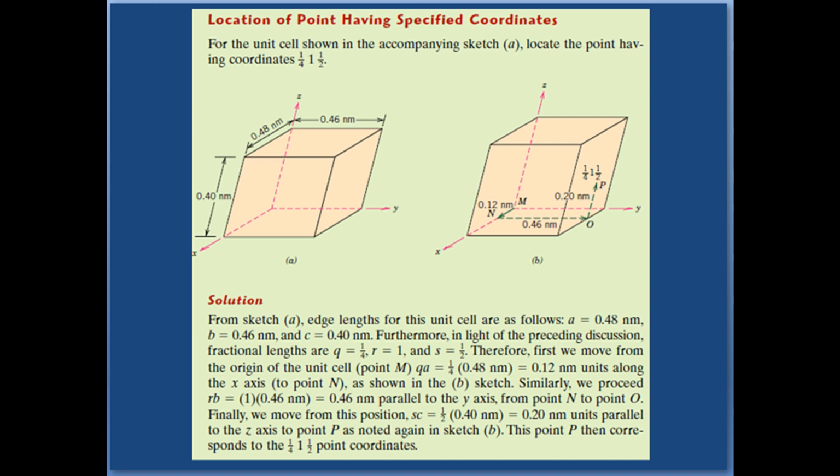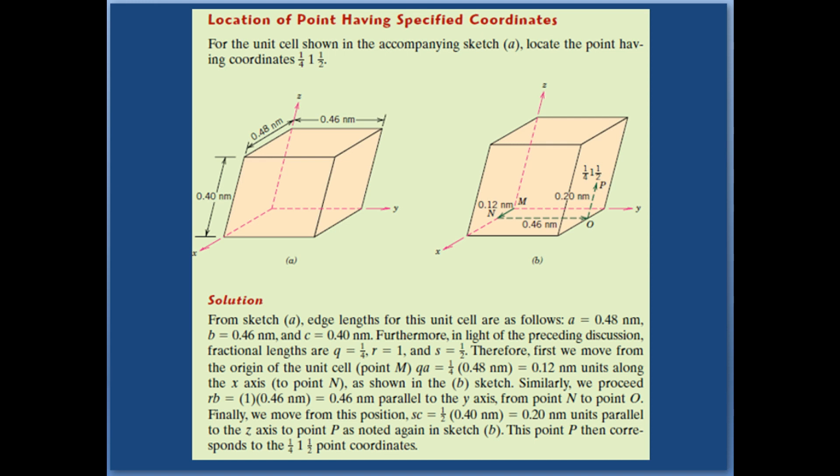From sketch A, the edge lengths for this unit cell are a equal to 0.48 nm, b equal to 0.46 nm and c equal to 0.40 nm. Furthermore, in light of the preceding discussion, the fractional lengths are q equal to 1/4, r equal to 1 and s equal to 1/2. These are the fractional lengths associated with the point P.